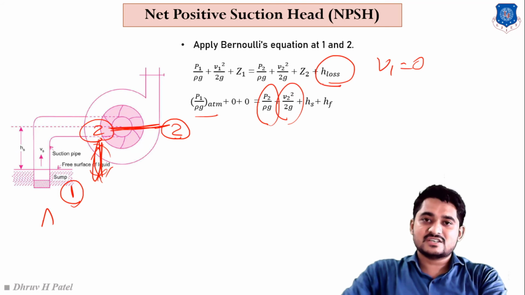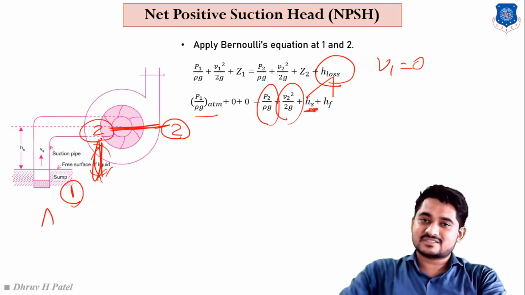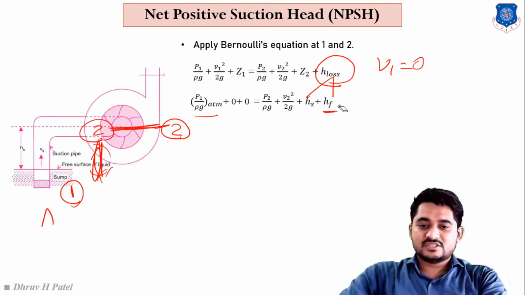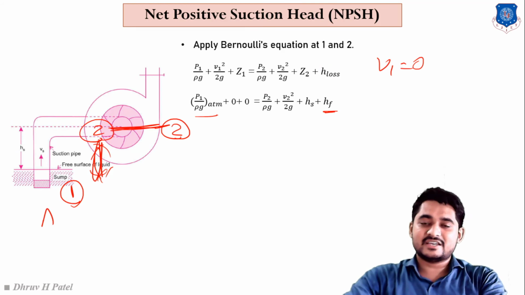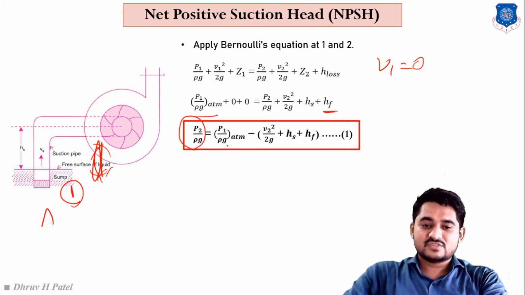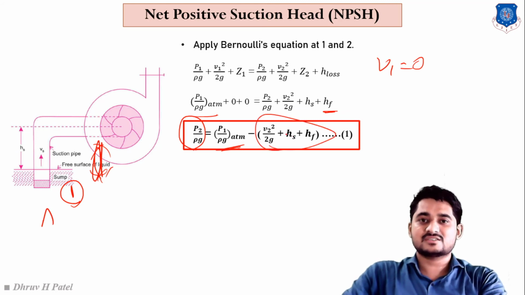And in the losses, we can divide losses into two parts, losses in the suction side and losses in the friction side. Clear students? So this is our main equation. Let us take the value of P2 by rho g from this equation. So P2 by rho g will be P1 by rho g, that is the atmosphere head, minus the velocity head plus losses.